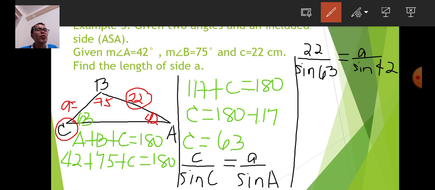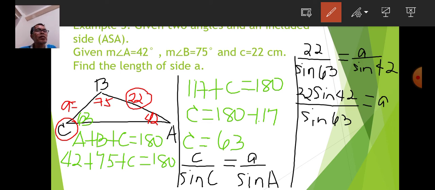To cross multiply, you will get 22 times sine 42 over sine 63 equals a.